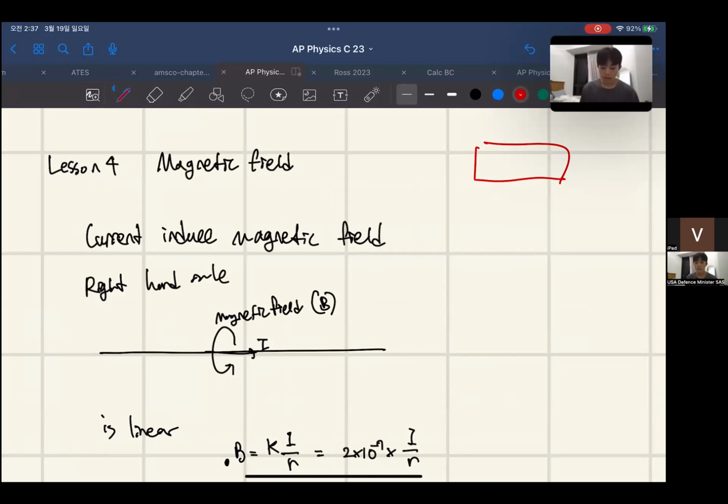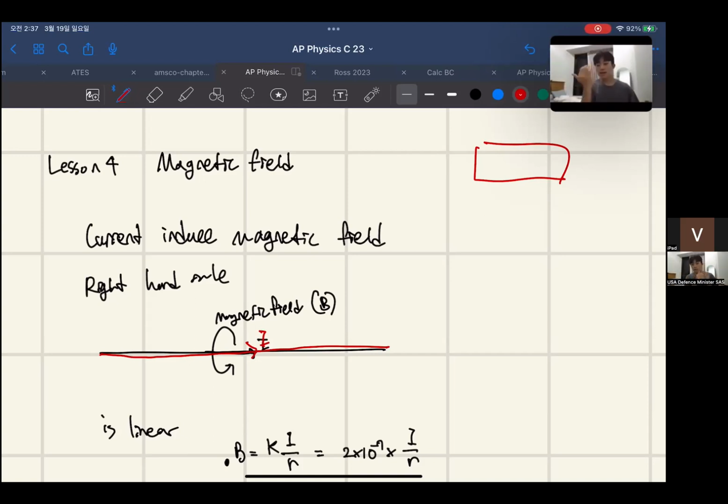And how that happens is, first of all, you would have to know something called the right-hand rule, and I'm going to explain it right over here. Let's say you have a wire, and you have a current I flowing rightward. Then you use your right hand, not your left hand.